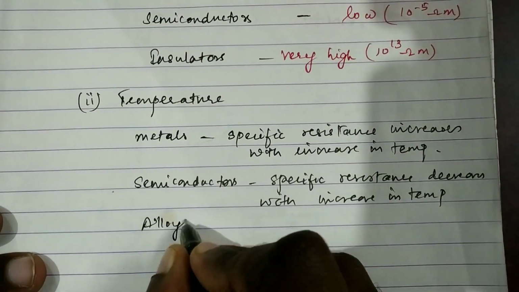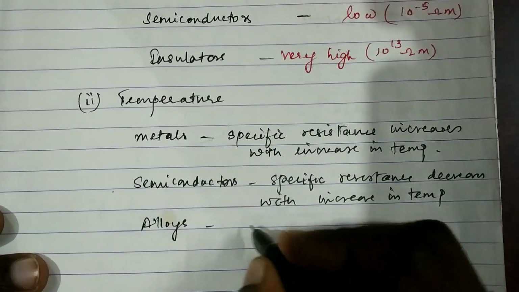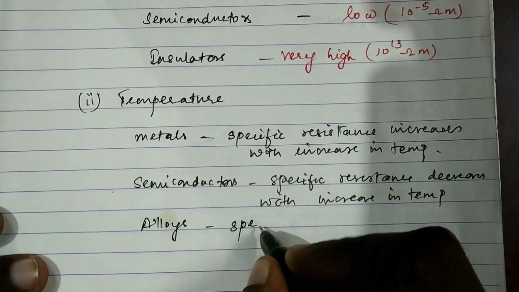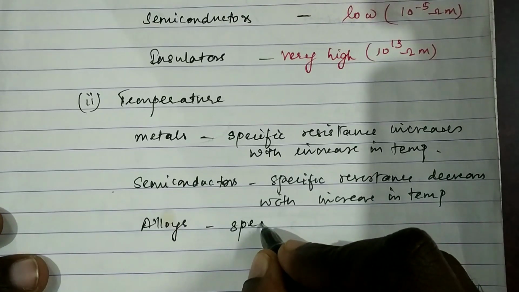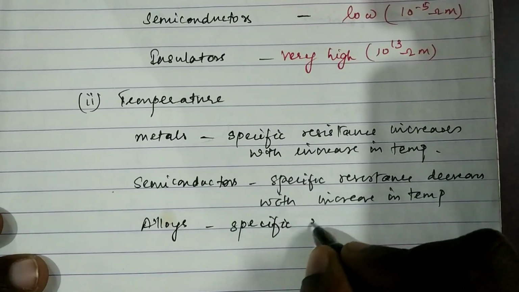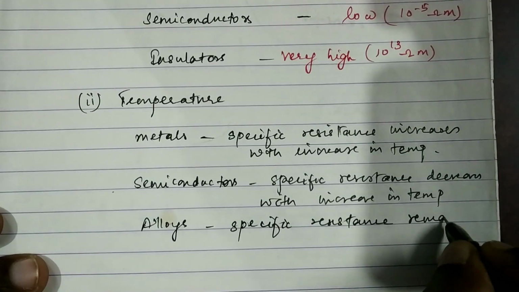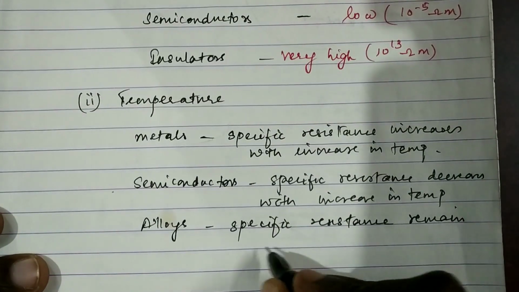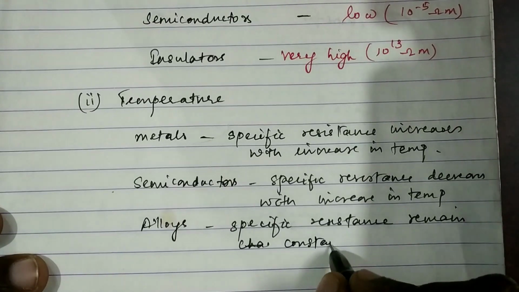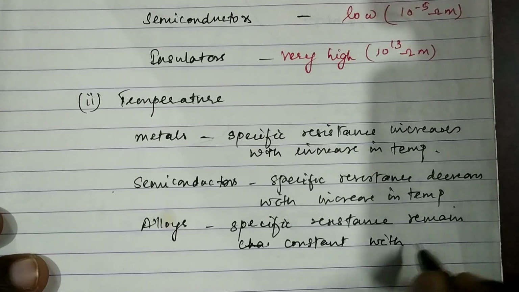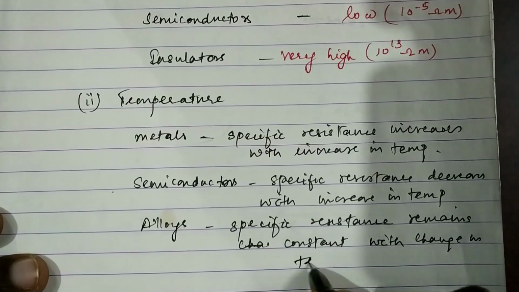And for alloys, specific resistance remains almost practically constant with change in temperature.